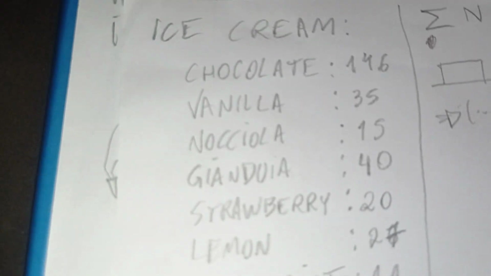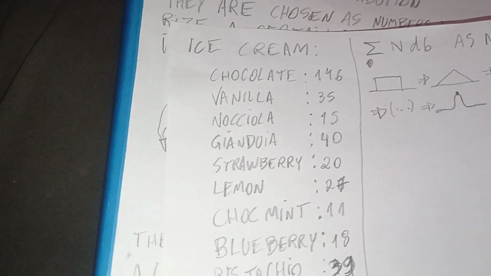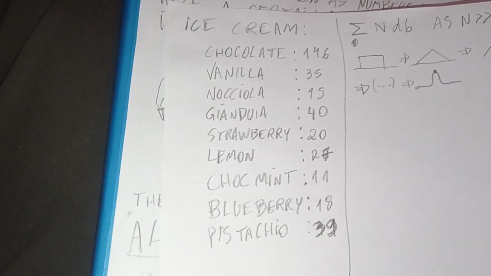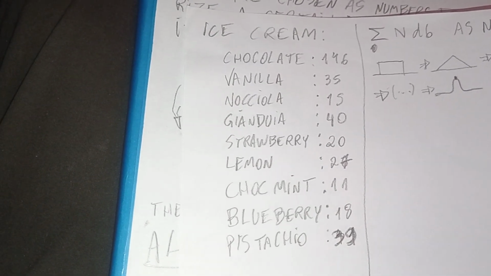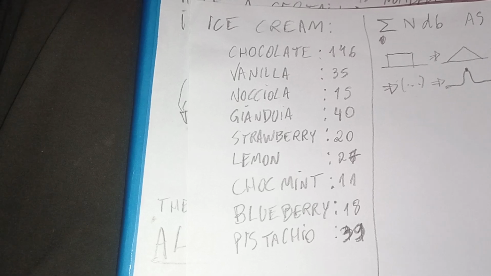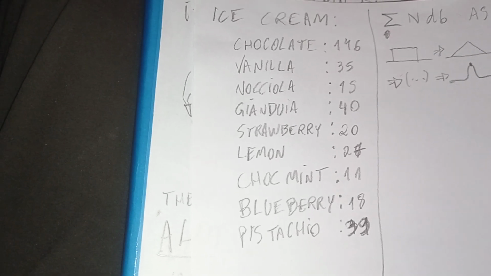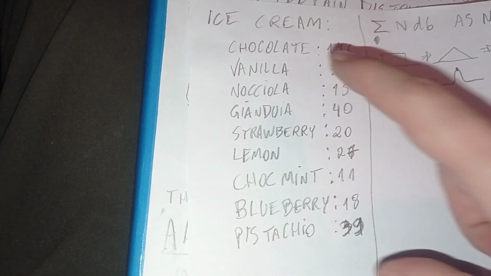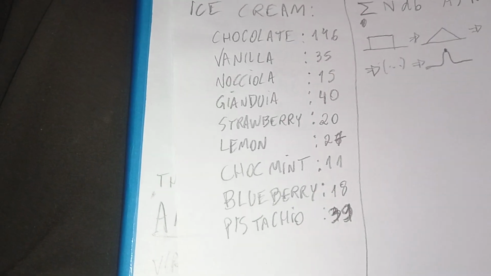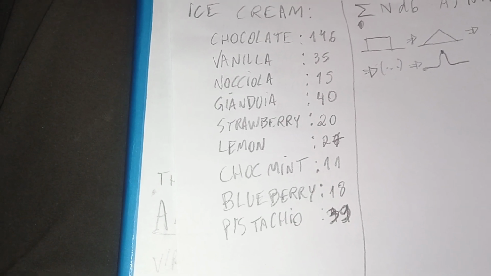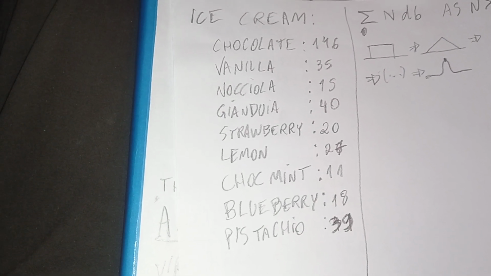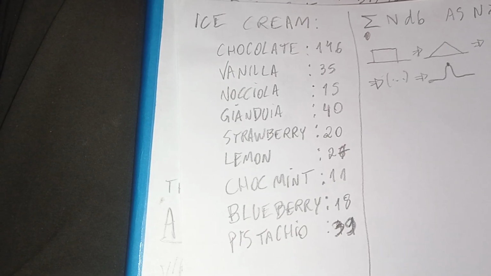So let's say you have an ice cream shop and you are selling your ice cream and you have many flavors and you want to see what is the mode of a distribution of flavors. So let's say you sell chocolate, vanilla, nochola, gianduja, strawberry, lemon, chocolate mint, blueberry, and pistachio, just to give examples.